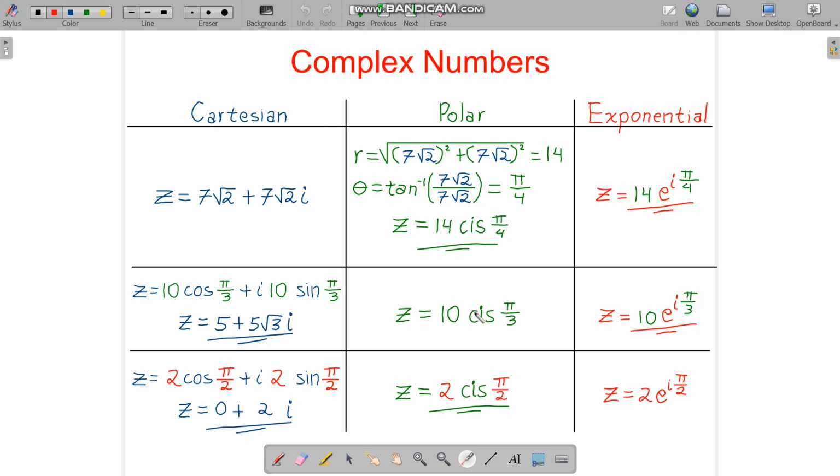And from polar to Cartesian, we just use the modulus times cos argument plus i times modulus sine argument. To find the exponential, just read the modulus and the argument. From exponential, you can convert to polar simply by using the cis here, and convert to Cartesian again using cos and sine.